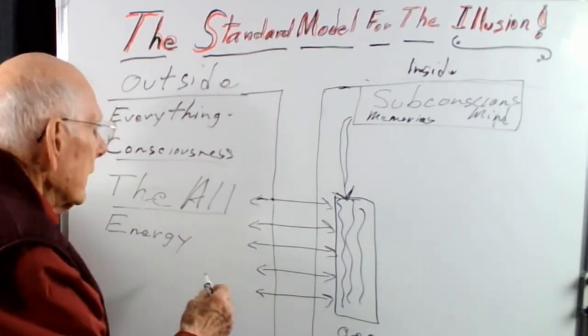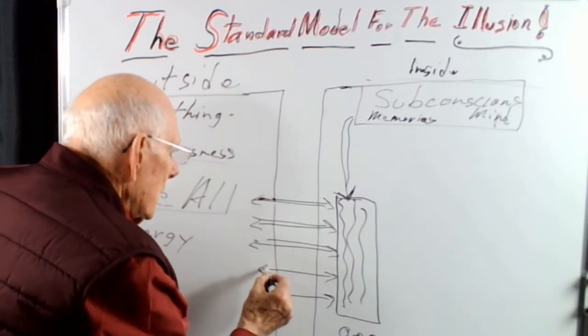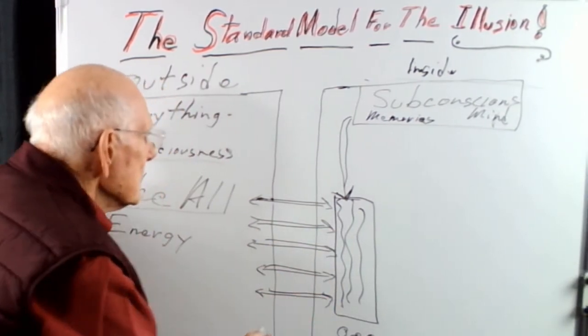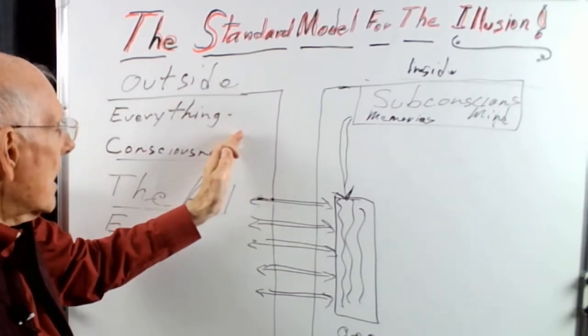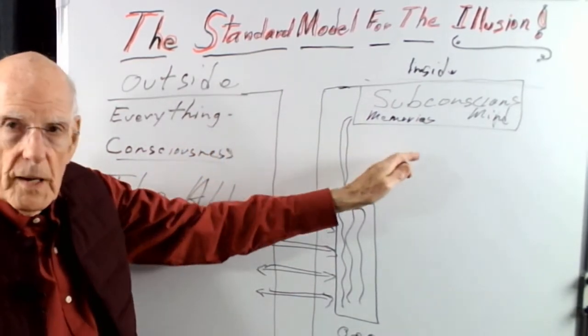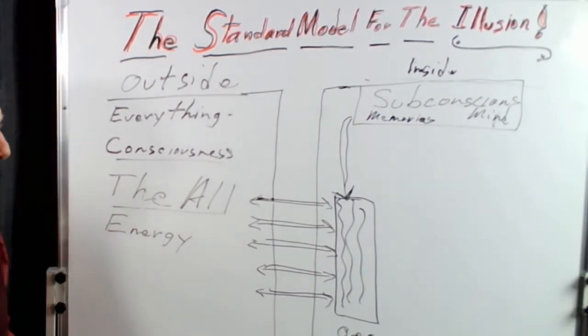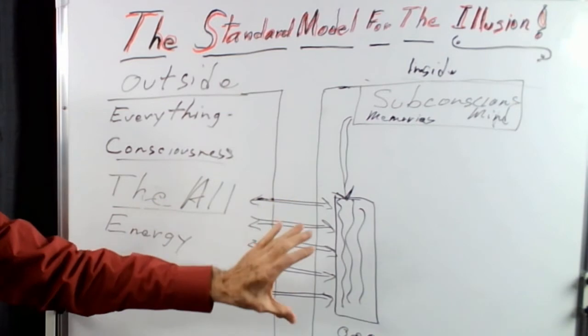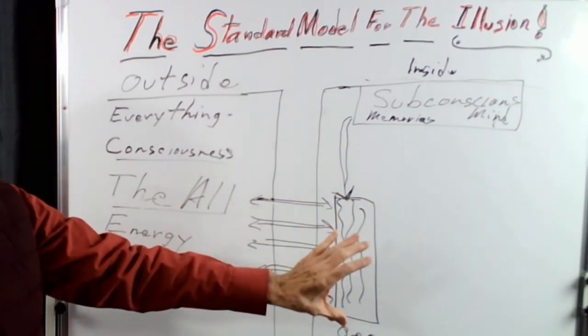So now we get much information coming through this gap between the outside and the inside. You kind of get that? We're developing a model because we've used this several times, several different ways.